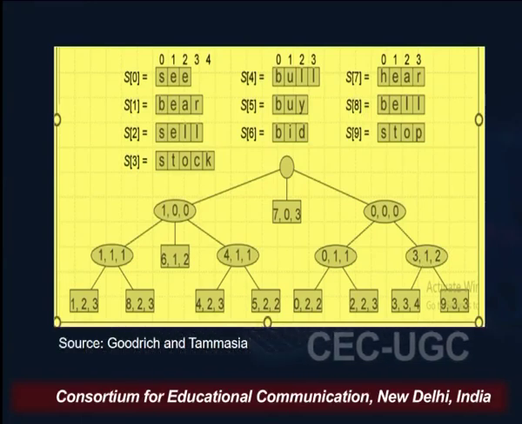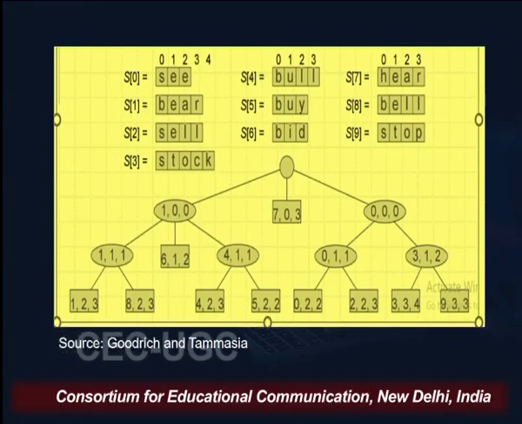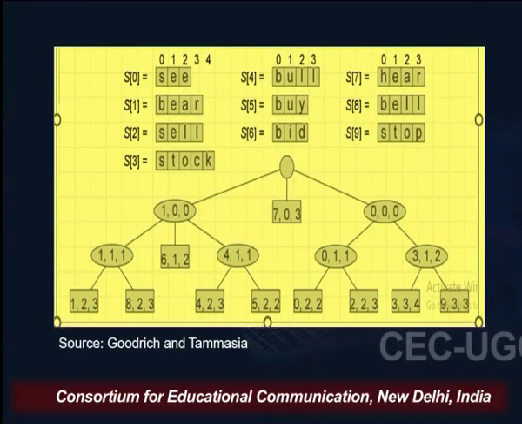Now looking at these representations of compressed trie, or this compact representation of the compressed trie, let us proceed with the basic operation of insertion in a compressed trie. So how are we going to insert a particular string or a particular keyword in a compressed trie?